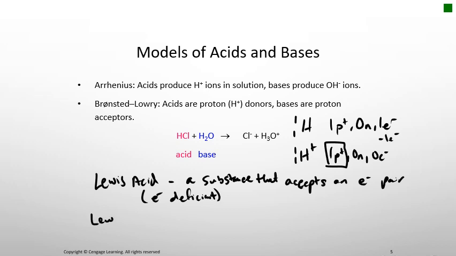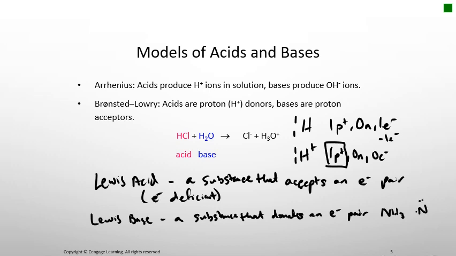And then we have a Lewis base as something that has a very large number of electrons. This is going to be a substance that donates an electron pair. An example would be NH3 with its structure. Again, it has the 2 lone pair electrons on the top.